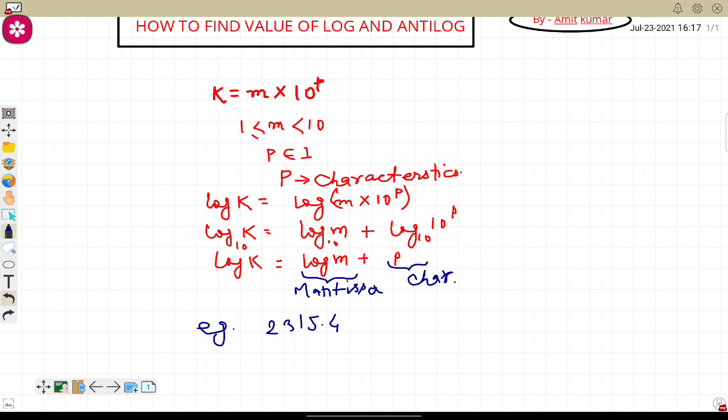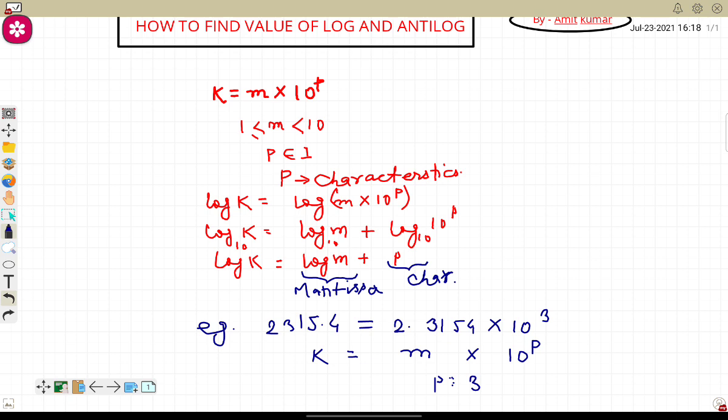Let 2315.4 be the number k, so we can represent this number as 2.3154 into 10 raised to the power 3. If you compare k is equal to m into 10 raised to the power p, you can check p is equal to 3 here, and m is equal to 2.3154. The value of m lies between 1 and 10. It may be equal to 1 but is always less than 10.